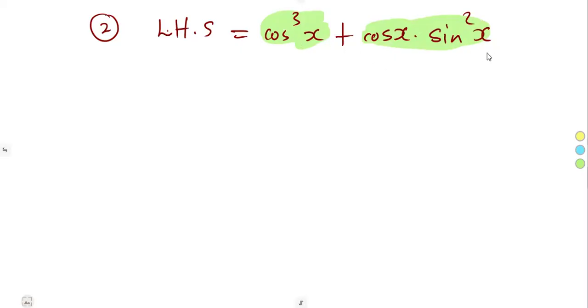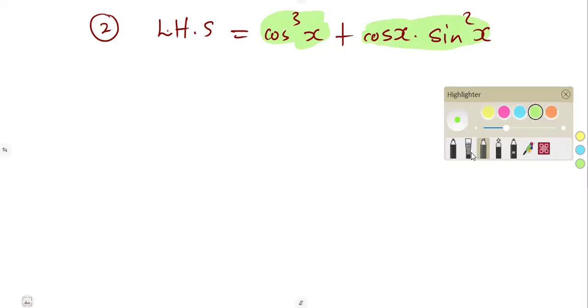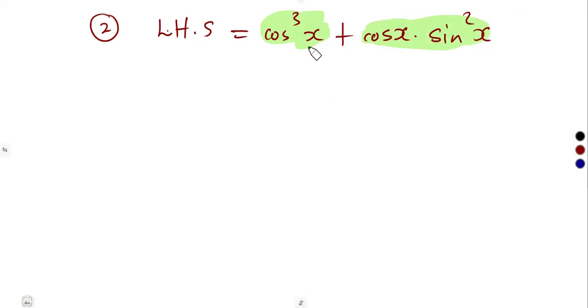So of these two terms, we can see that cos is common. There's a cos here. There's also a cos. So which one is going to be the highest common factor? The one with the smallest exponent, which is this one. So we are going to factor out the cos of x. What are we going to have? The cos cubed divided by this one. What are we going to have, guys?